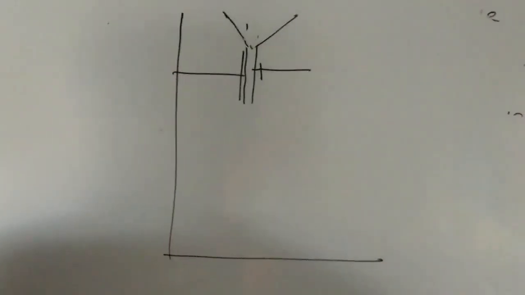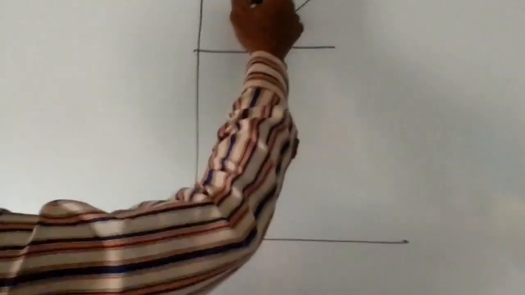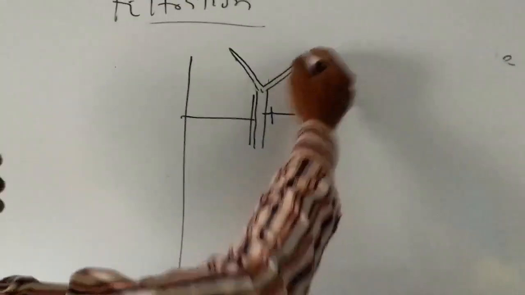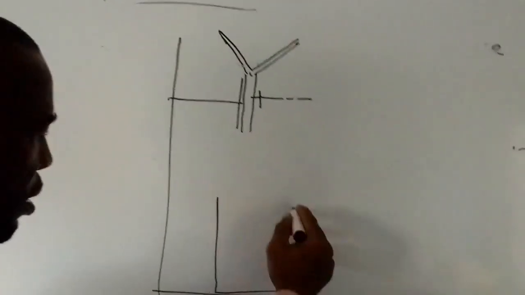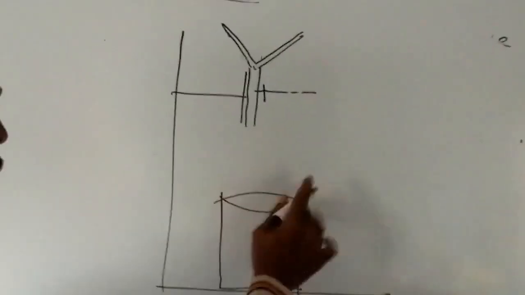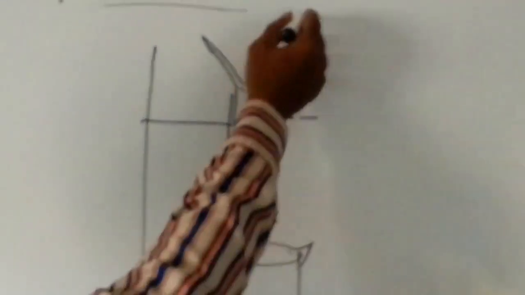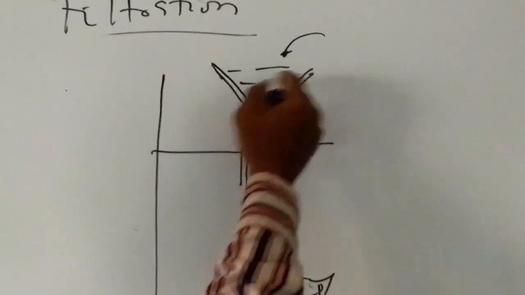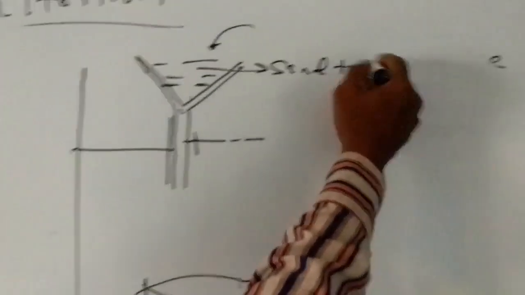We then fold a filter paper into a V shape or conical shape and drop it inside the funnel. Then we bring a beaker, which is a glass vessel, underneath. Then we pour the mixture I want to separate, maybe a mixture of sand and water.